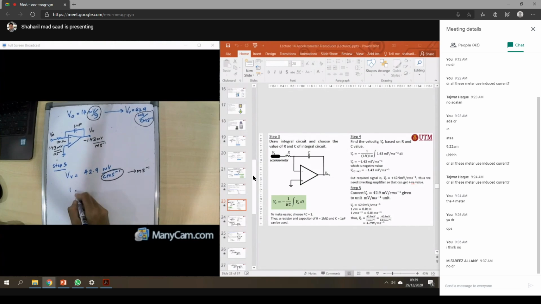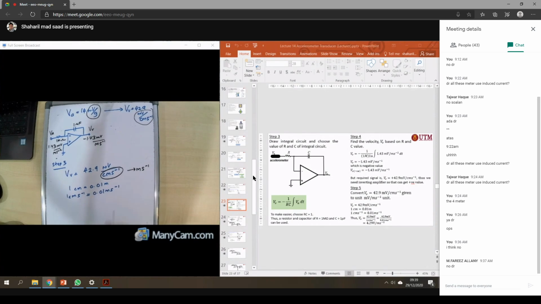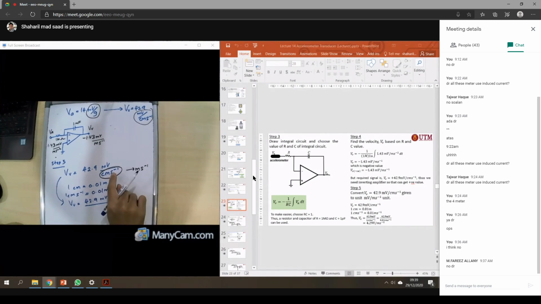You can use this one: 1 centimeter equals 0.01 meter, right? So 1 centimeter, you times with meter per second, now you got 0.01 meter per second. Okay, so now VB is 42.9 millivolt divided by centimeter per second.